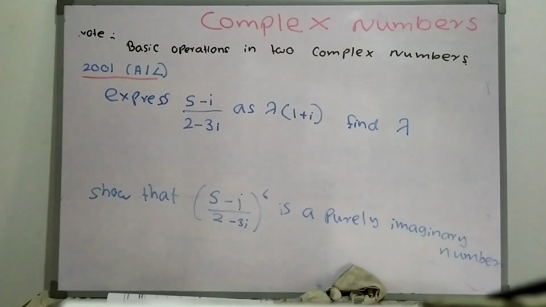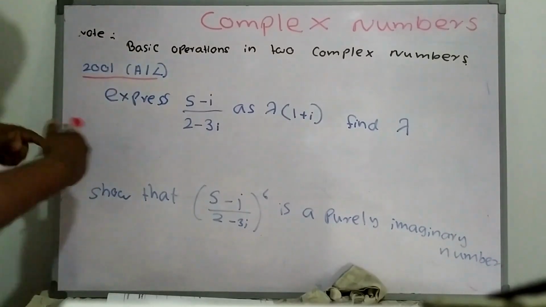Okay, let's look at another example. This is taken from the 2001 paper. Express (5 minus i) over (2 minus 3i) as lambda into (1 plus i). Find lambda. Okay, I think we have done these kinds of questions.